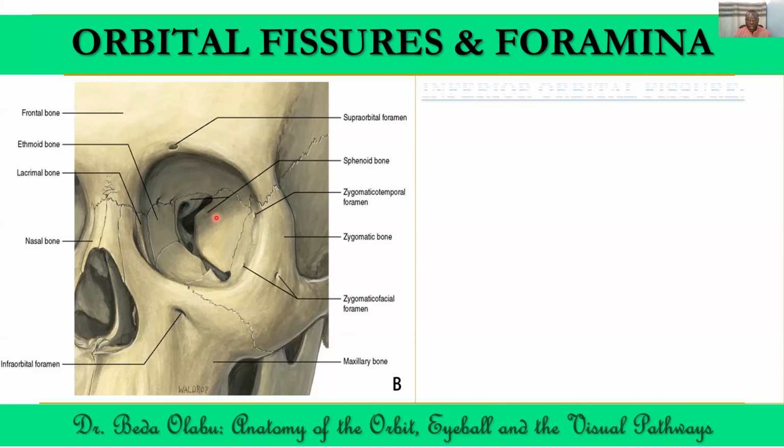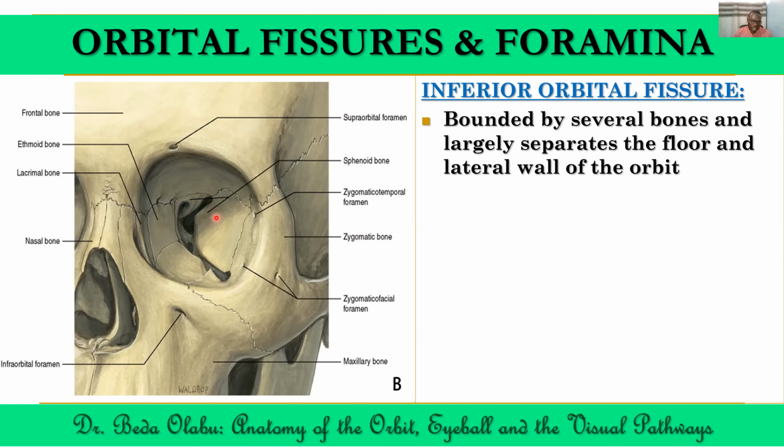Other than that, we also have the inferior orbital fissure. This is the inferior orbital fissure. It's an extensive cleft in the floor of the orbit, actually, bounded by a number of bones, but these bones mark the separation between the lateral wall and the floor of the orbit.